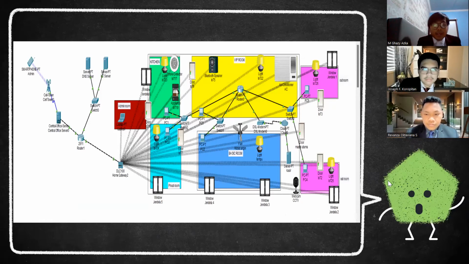Okay, the next is the topology of our project. In this project, our goal is to need one PC for each room, which will be connected to one server, but between these PCs are connected to a switch, router, DSL modem, and cloud before going to the server.